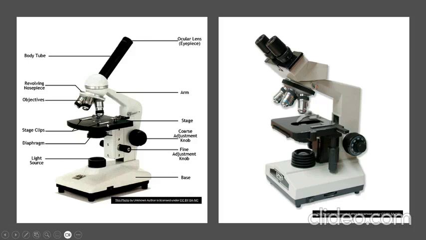Stage clips, clamps that hold the sample in a secure position. Coarse focusing knob adjusts the vertical position by wide displacements. Fine focusing knob adjusts the vertical position by small and precise movements. Nosepiece or turret: this is a rotating portion with objective lenses.